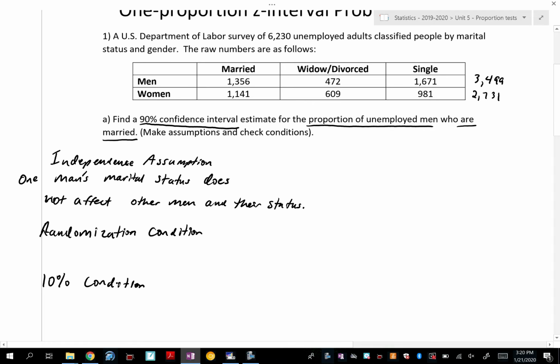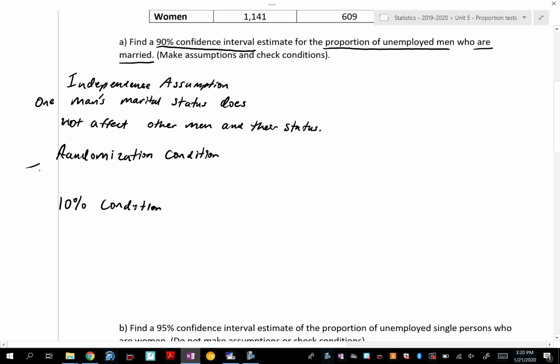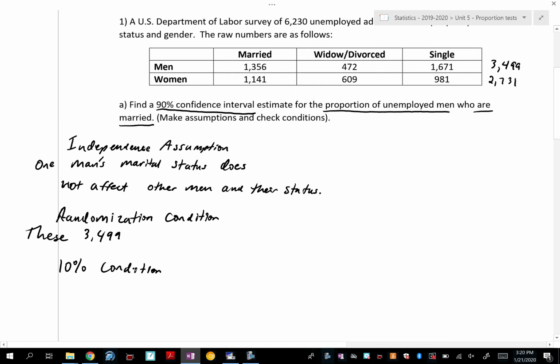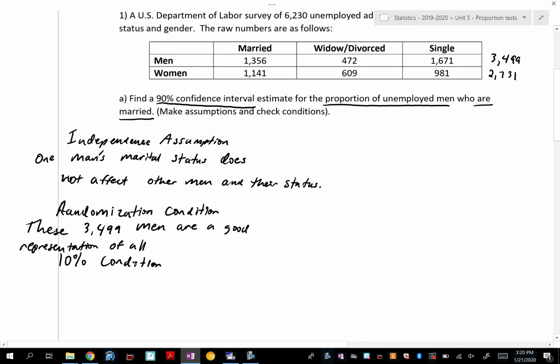It doesn't say random, so what statement are you going to write? Nice, good. These 3,499 men are a good representation of all, I believe it's unemployed men.